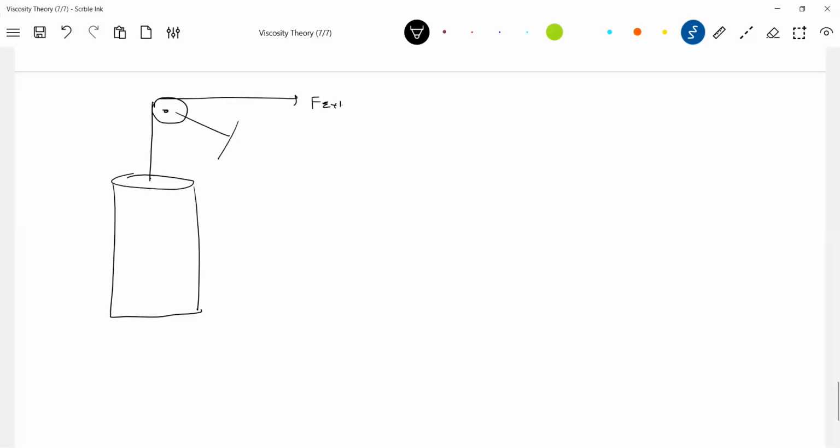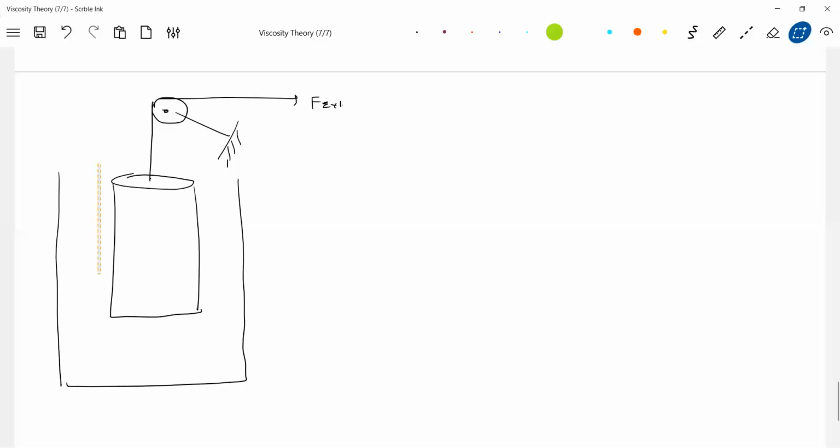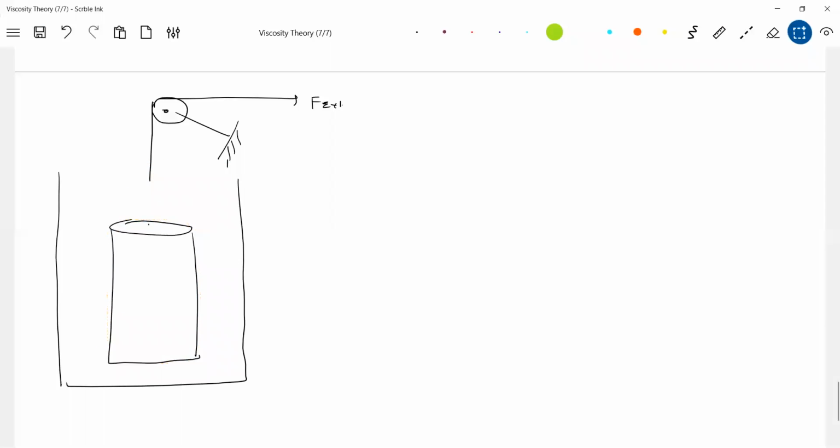Now, this is filled up in a container, a vessel. How much force will I apply on this cylinder? So let the cylinder be of height h, radius r. Everything is a viscous oil or honey or any other liquid. There's a container.